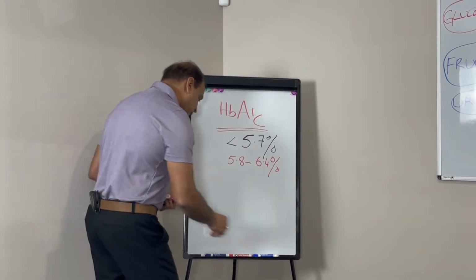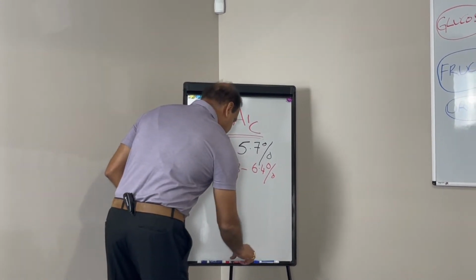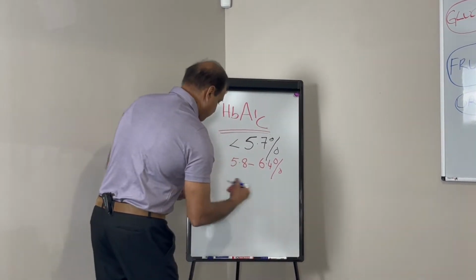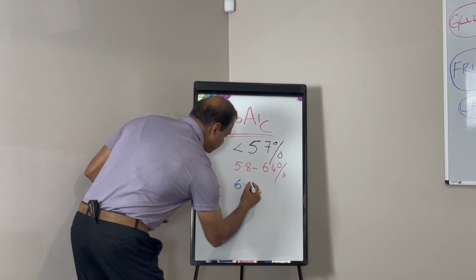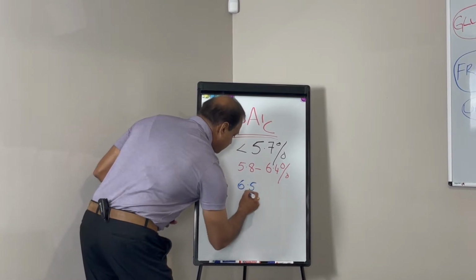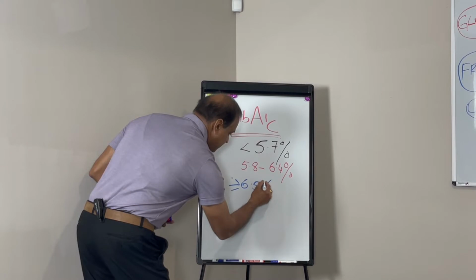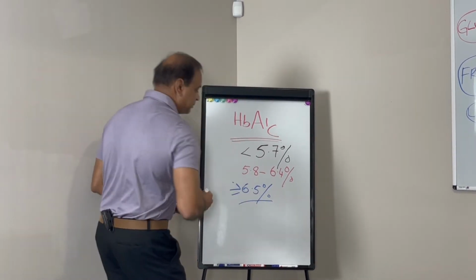And then the next one is anything 6.5 percent and above, greater than or equal to 6.5, they're calling it diabetes.